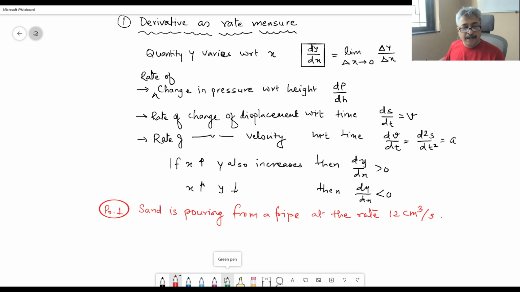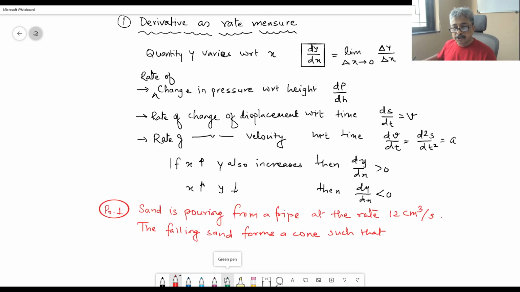The falling sand forms a cone such that height is 1/6 of the radius. I will explain what that is.